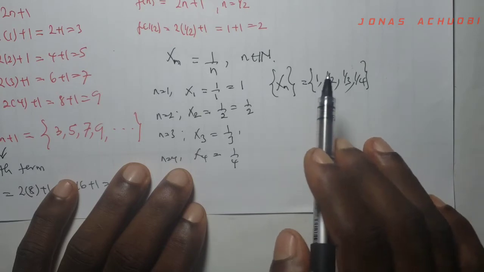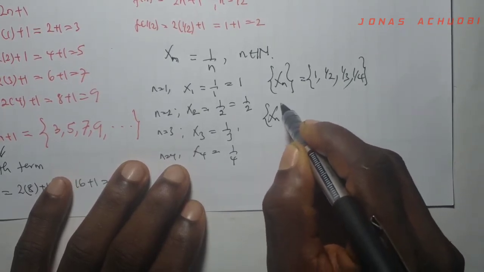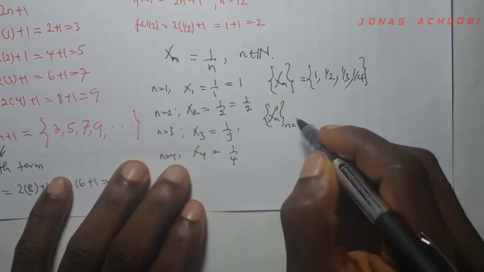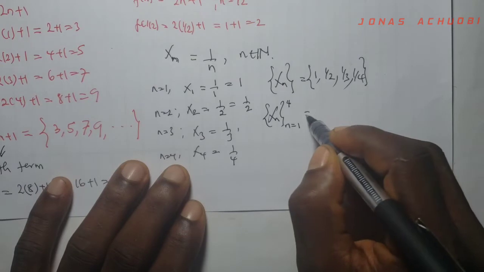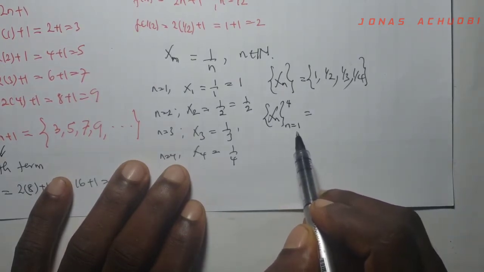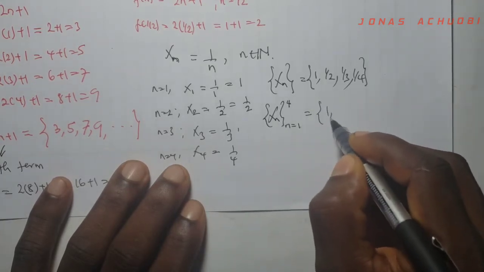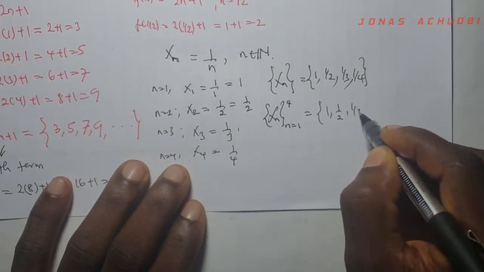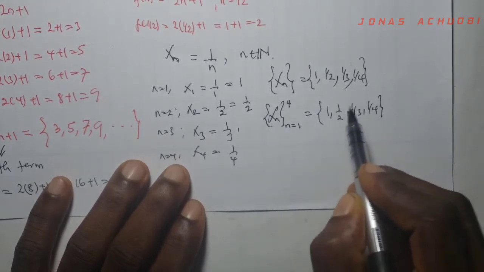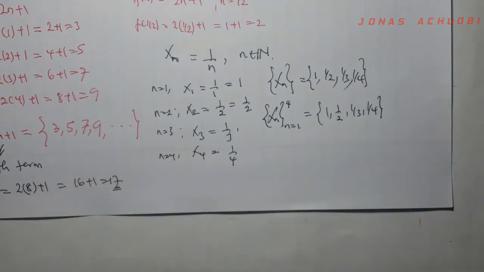So a more appropriate way of writing this would be xn is a sequence with n starting from 1, from the first term to 4. This would mean that the terms of the sequence are the first term, the second term, the third term, and the fourth term, which correspond to 1, 1 over 2, 1 over 3, 1 over 4. If these are the only terms of this sequence, then this sequence is said to be finite.